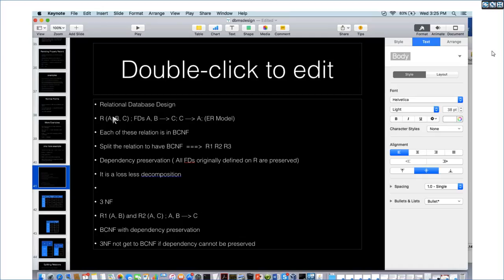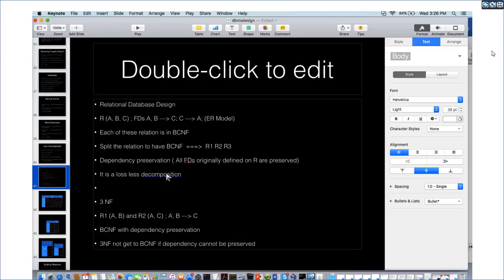Then only can you split this relation, because it is a lossless decomposition. So in your aim to get the BCNF, you have to preserve both these things. The splits have to preserve the dependencies and it should be lossless.